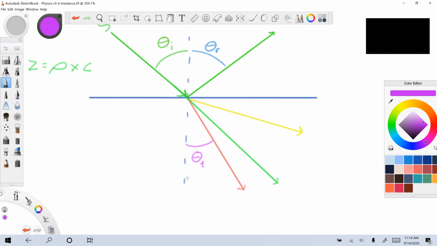I have another possible angle from here to here. That's also another theta t. And then I have that whole angle there. That's a theta t. So only one of these is going to happen. It's not all three at the same time. It's not a prism.